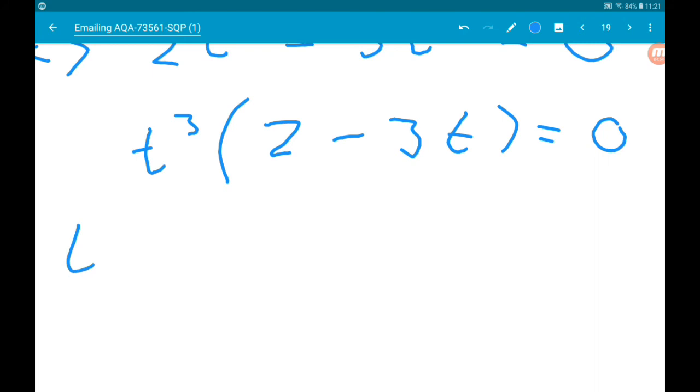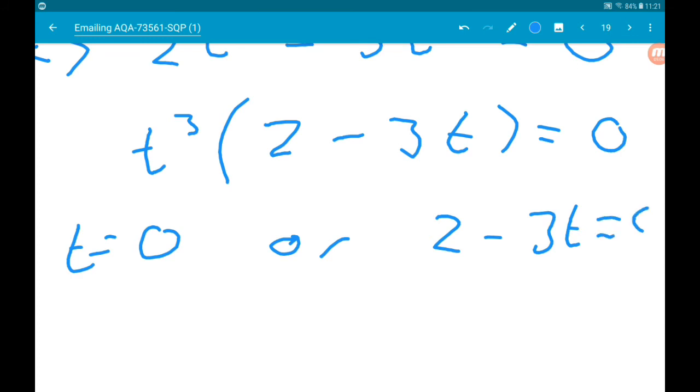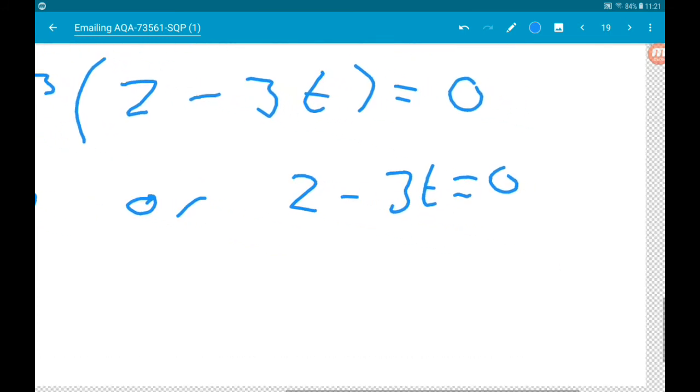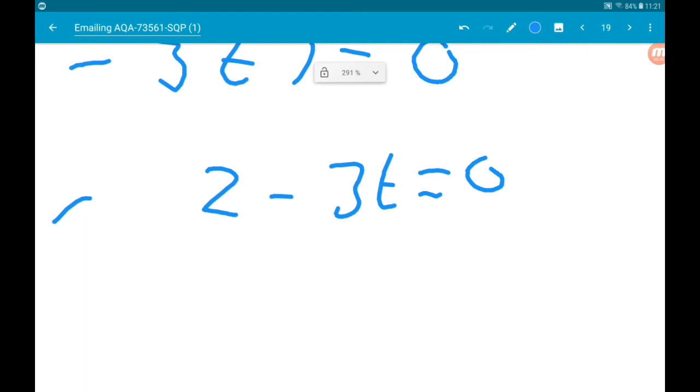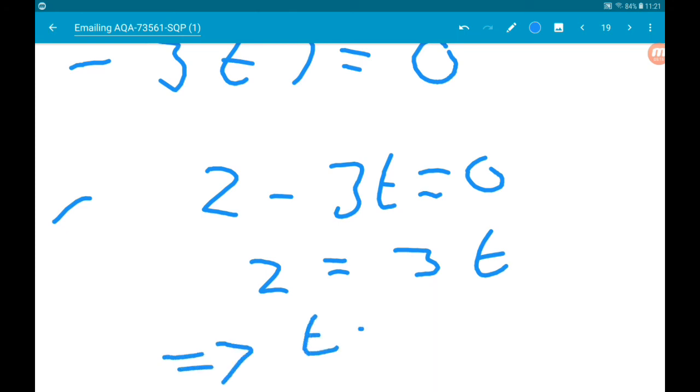Either t is equal to 0, which we already knew, or 2 minus 3t is equal to 0. So, from this, we get 2 is equal to 3t, therefore t is equal to 2/3. 2/3 of a second is the next time where the particle will pass through O.